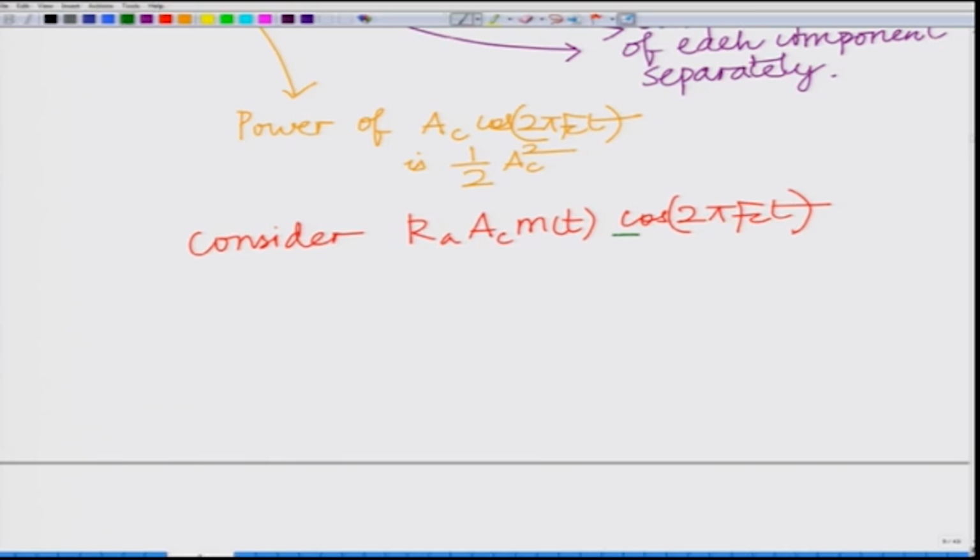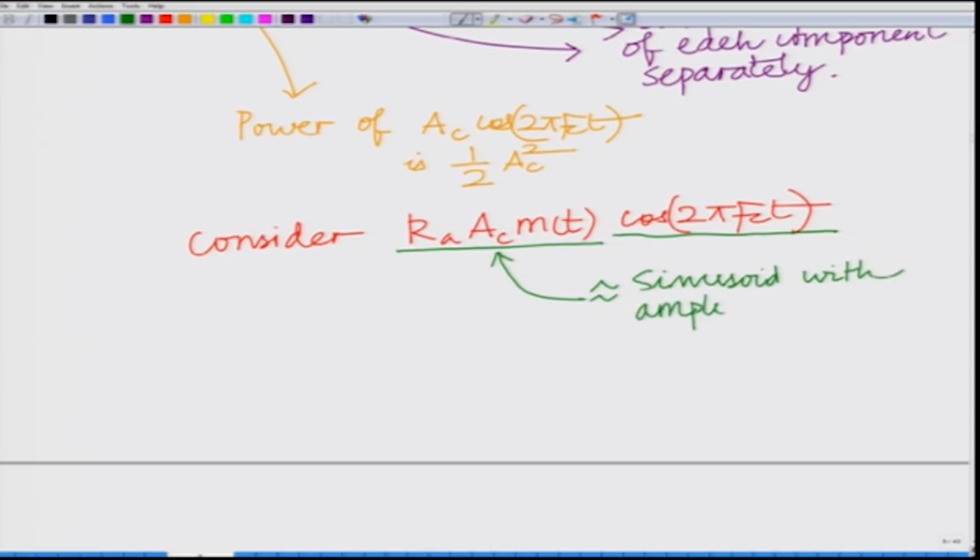Now, you can think of this as the carrier and this as the amplitude, that is, although this is not exactly correct, you can think of this as a sinusoid with amplitude k_a A_c m(t).